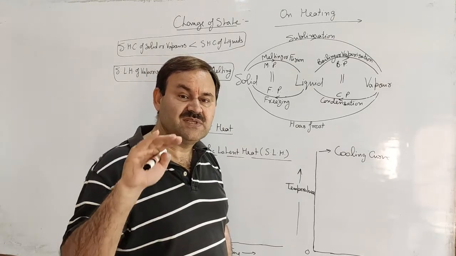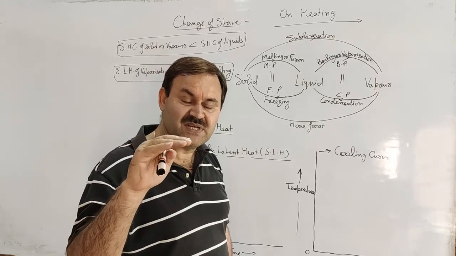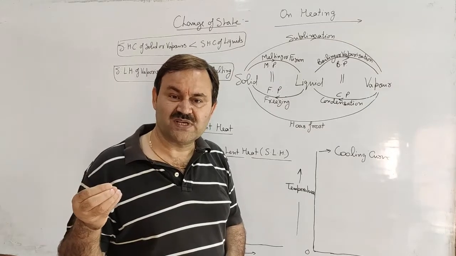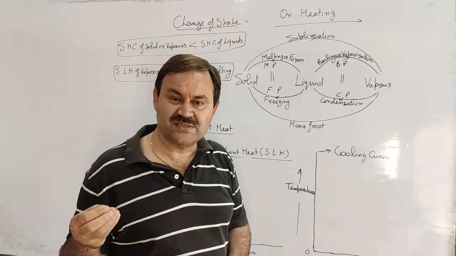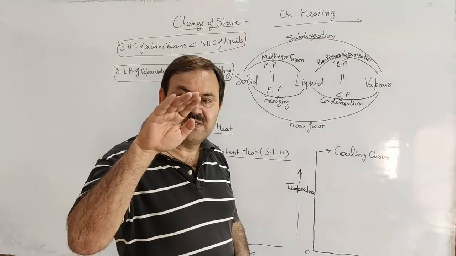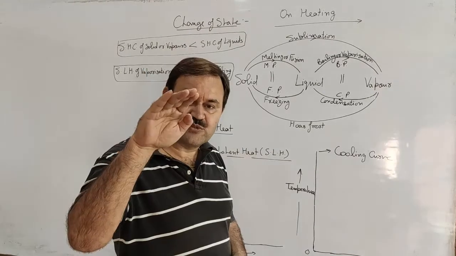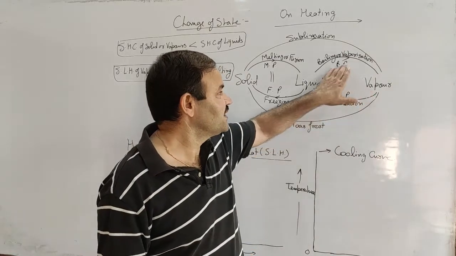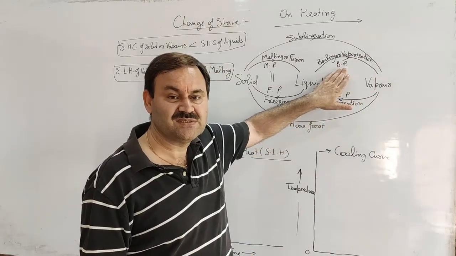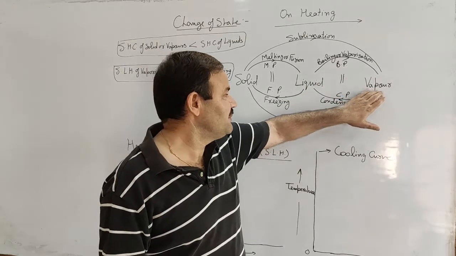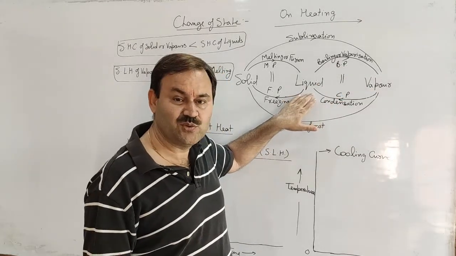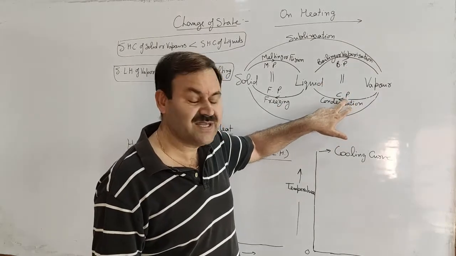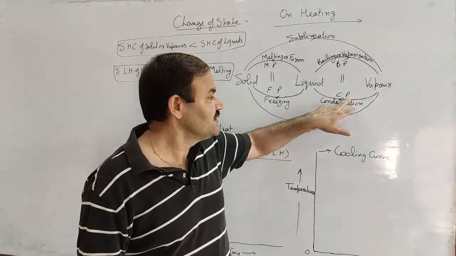Now, if these superheated vapors are cooled, it means heat is withdrawn from superheated vapors at a constant rate. Then the temperature of superheated vapors will come down to their condensation point, because this time vapors will change into liquid state. So instead of boiling point, we will say condensation point.